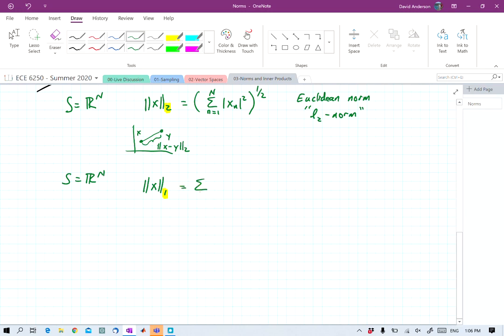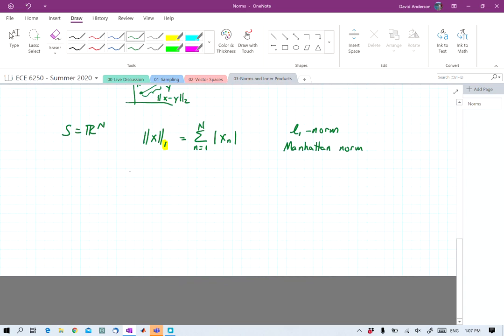It's also called the Manhattan norm, and it's just equal to the sum of the absolute values. So this is the L1 norm, sometimes called the Manhattan norm. So why is it the Manhattan norm? Well, it's because if you have 2 points, I'll draw them a little further apart.